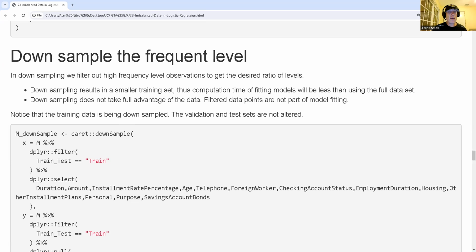Notice that the training data is being downsampled. In this particular example, I am not adjusting my validation set or test set. So if I believe that my validation set and my test set reflect the true population that I'm going to be scoring on, then I wouldn't want to adjust it.